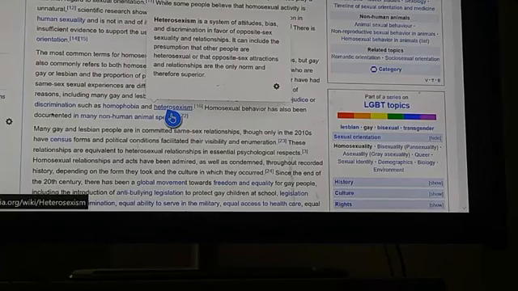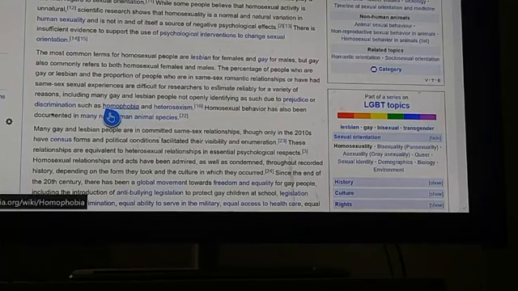Now, heterosexism. This is a better word, I would say, right? Because it's a system of attitudes, bias, and discrimination in favor of opposite-sex sexuality. This is a better word than homophobia. Homophobia is a stupid word. Heterosexism could be a real thing.